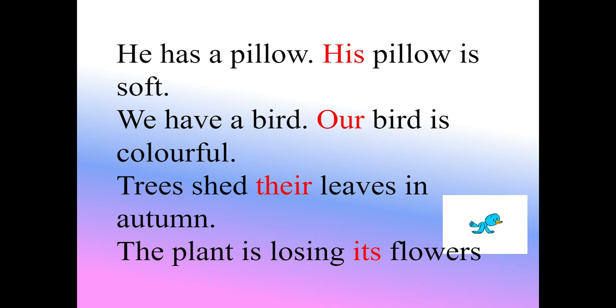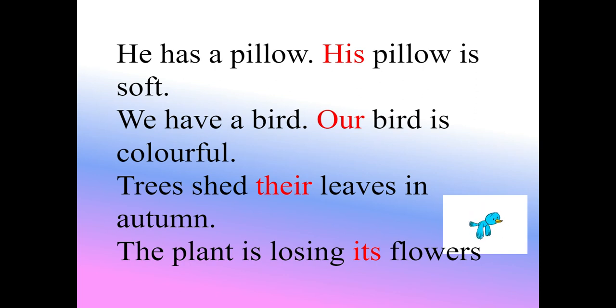So let's have a quick recap. Possessive adjectives are used to modify a noun. How do they modify a noun? By indicating possession. Like it is your dress, your pen, your bottle.